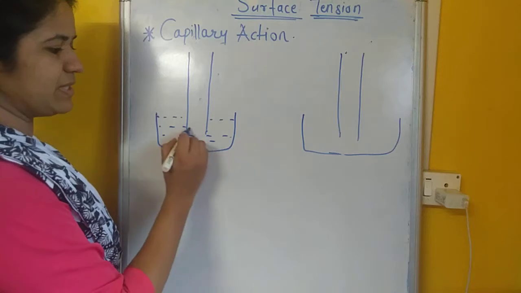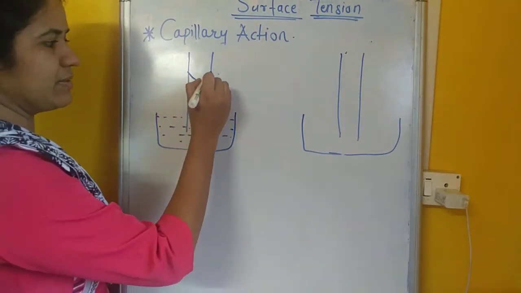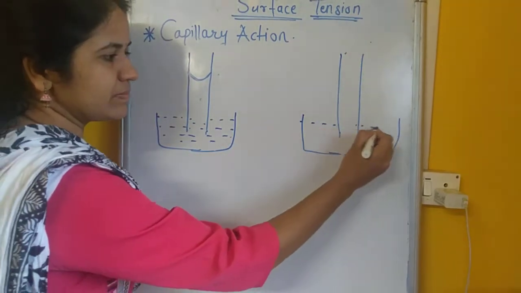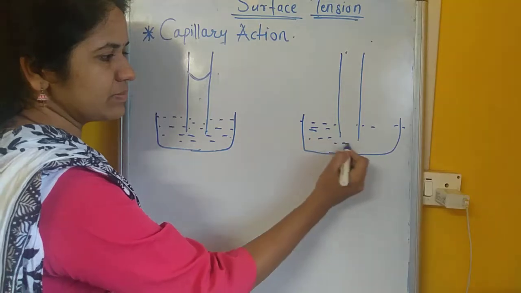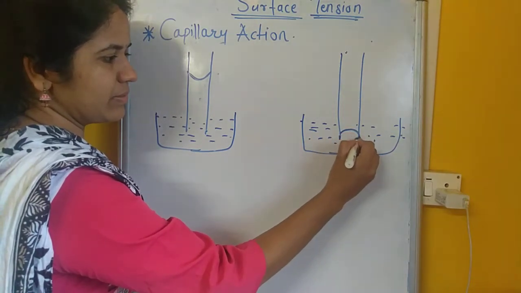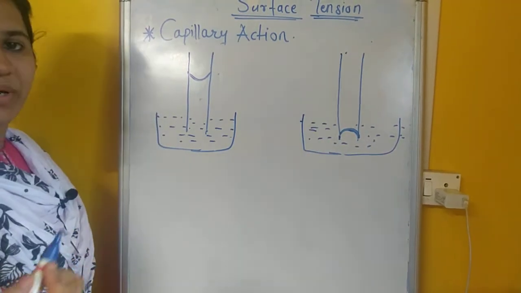Once you dip the tube in the liquid, in the first case capillary rise is there, and in the second case capillary fall is there. So let's start one by one.